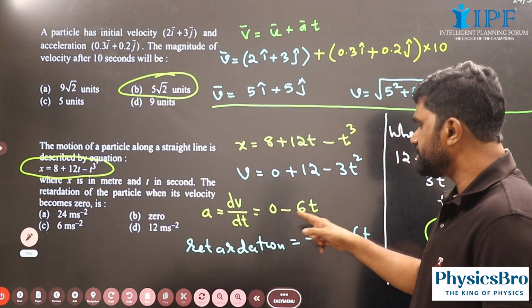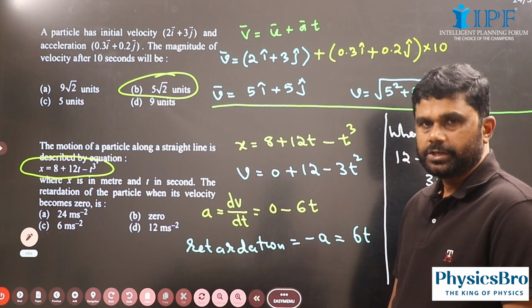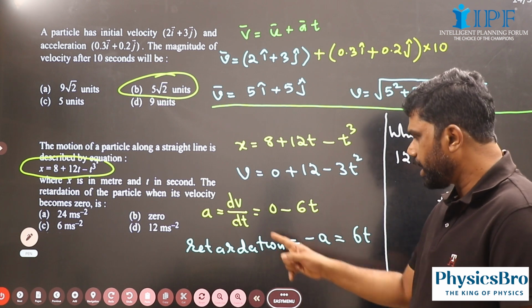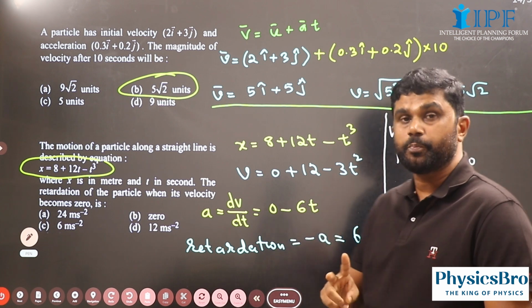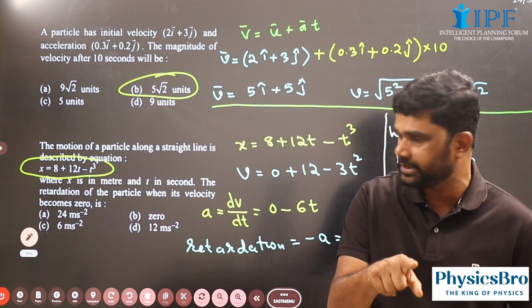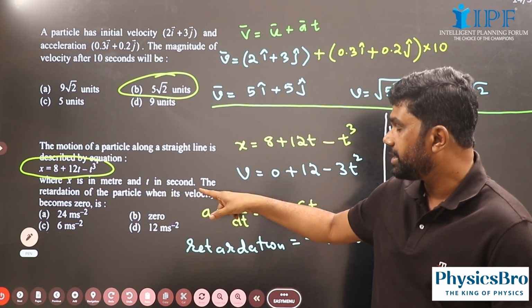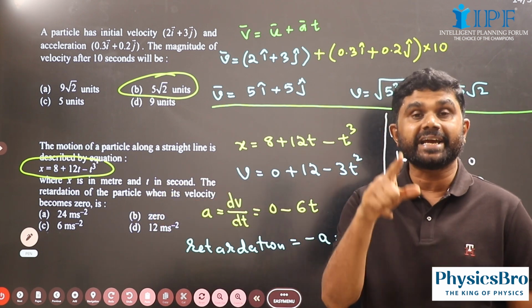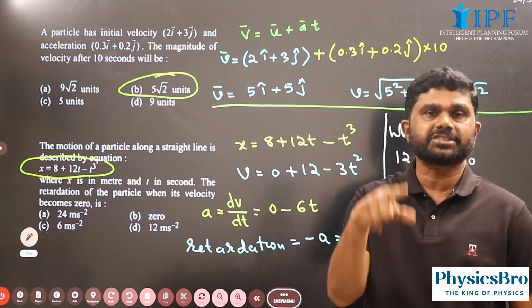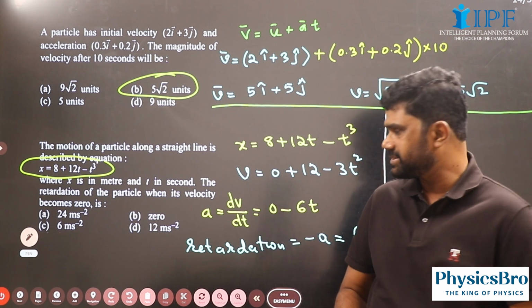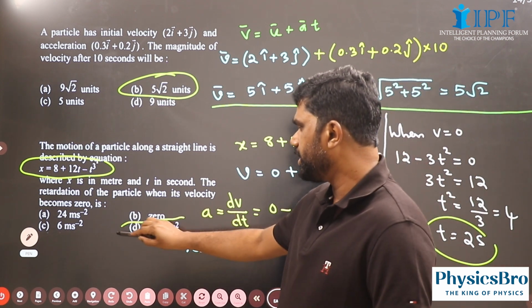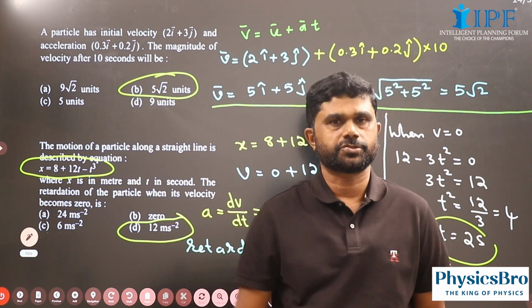Acceleration is minus 6t, so when t equal to 2, acceleration will be minus 6 into 2, minus 12. We have to find the retardation, which means the negative of acceleration. Acceleration is minus 12, so the negative of acceleration will be plus 12 meter second raised to minus 2.